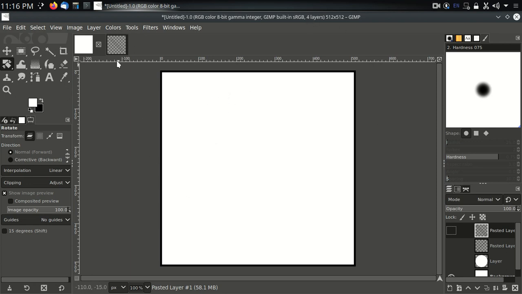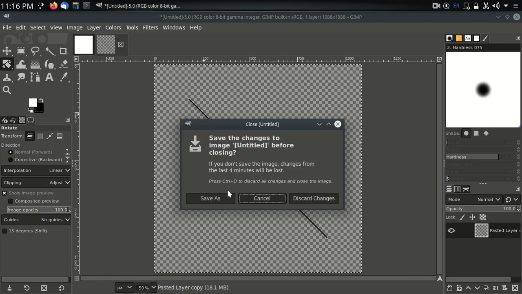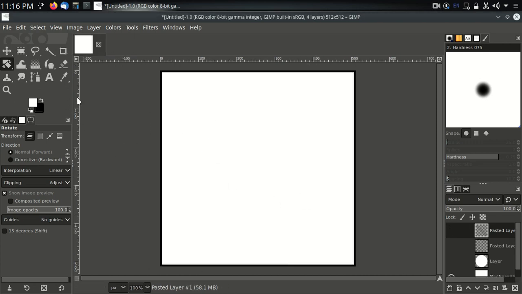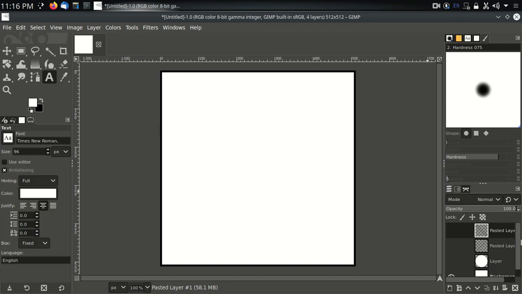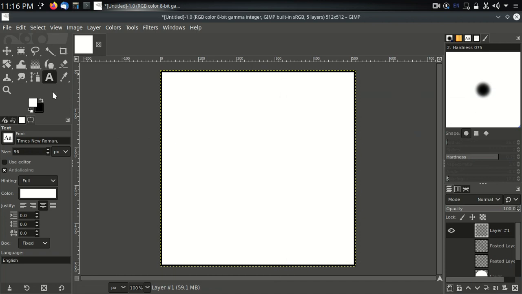So a fraction can be said as whatever the numerator is per the denominator.